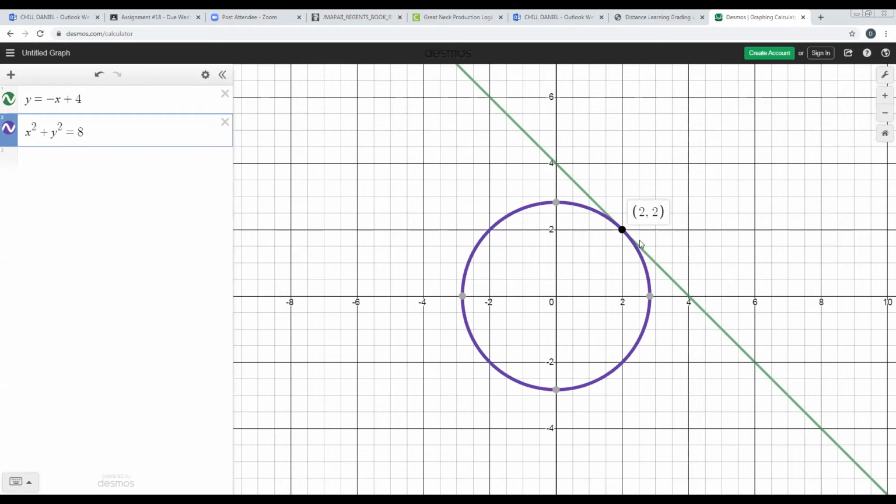And bam, just like that. (2, 2), point of tangency, right? There is our tangent line that passes through the point (2, 2), tangent to the circle at (2, 2). And if you take a look, we said our radius was the square root of 8. So the square root of 8 is approximately 2.828.